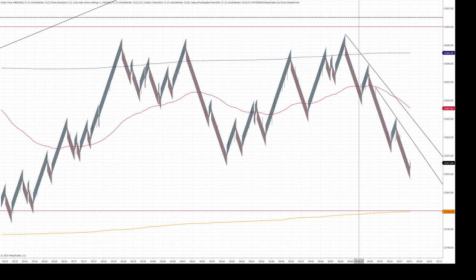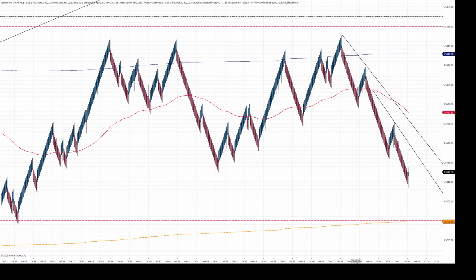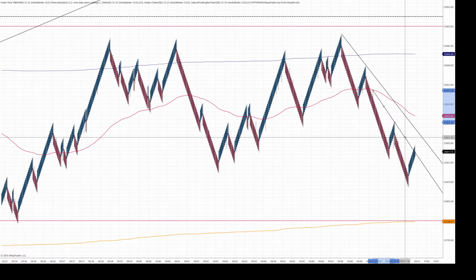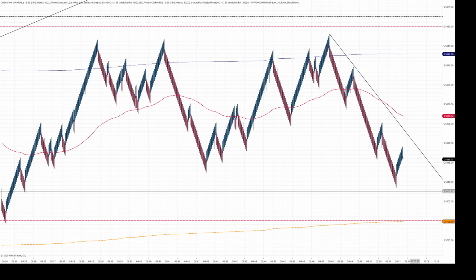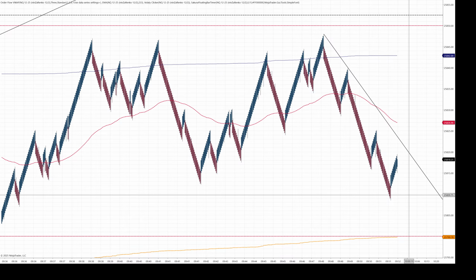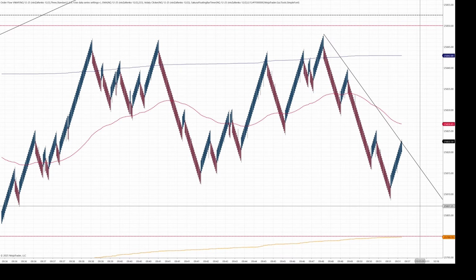Zooming out to see. Problem is, by the time we do get to... well, now we can delete this line. This line's been broken. I was gonna say I don't want a trend line in the way.